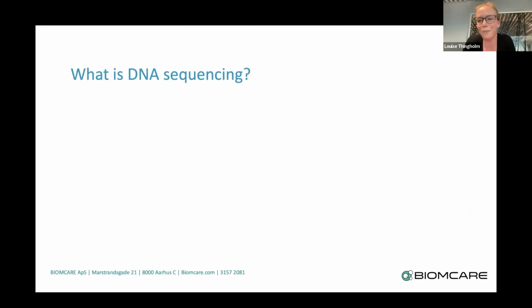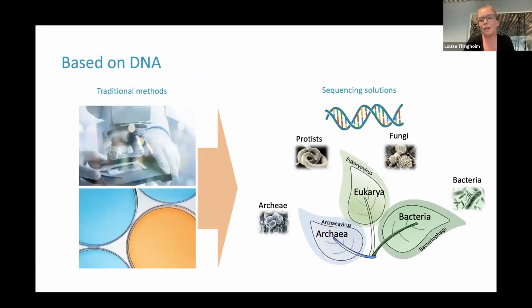So with that appetizer, we will dig into this concept of DNA sequencing. Sequencing is a method that we use to study the DNA, the genetic material, of microorganisms and any organisms really that have DNA. In that way, it's different from the more traditional methods where you look in the microscope at the shape of the cells, or you try to culture and, by doing different staining and so forth, try to identify what type of microorganism you have.